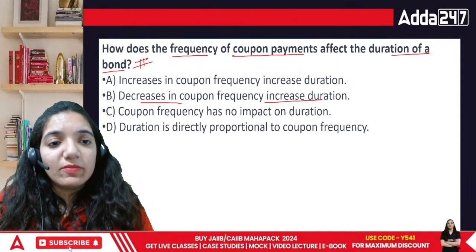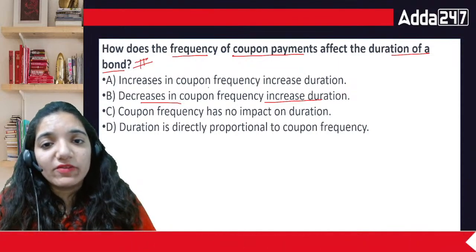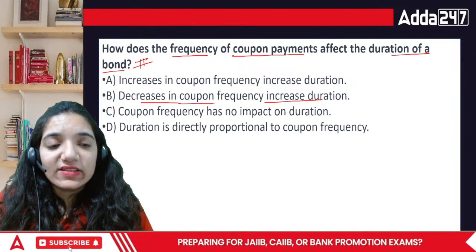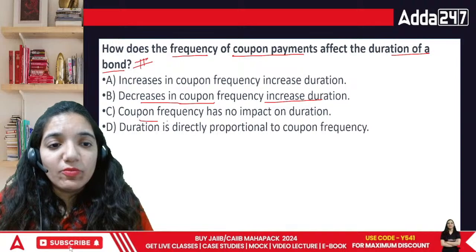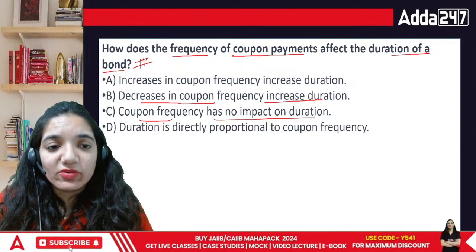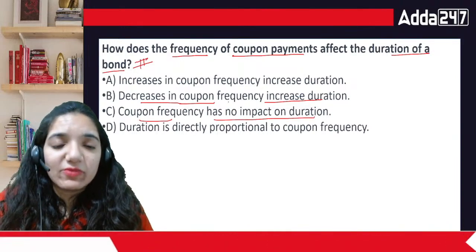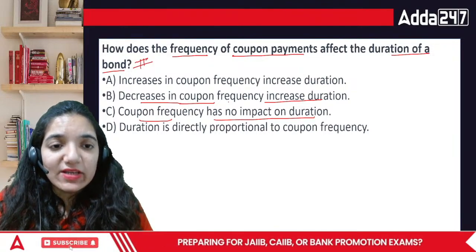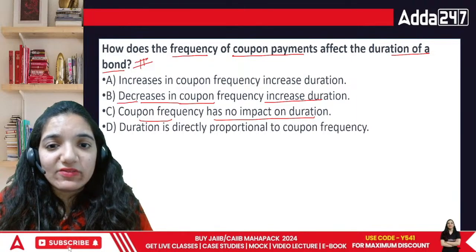Okay, when we talk about increase in coupon frequency increases duration, decrease in coupon frequency increases duration, or coupon frequency has no impact on duration. No, that is not so. Coupon frequency relates to the interest rate, and affects the duration of this particular bond. See, decrease in coupon frequency.